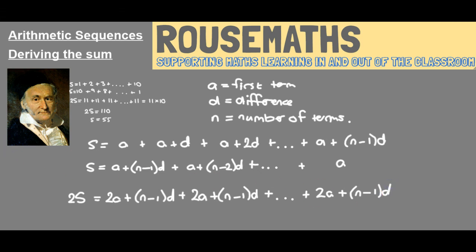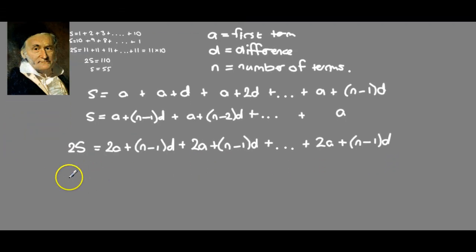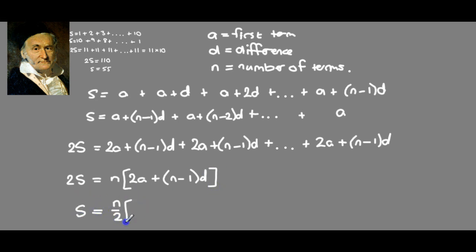And what you end up with is that 2 lots of the sum will be n lots of 2a plus n minus 1 d. So finally, if you just divide everything by 2, this is the general formula for the sum of an arithmetic sequence.